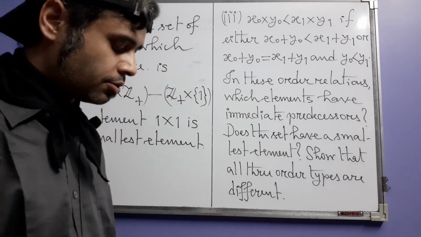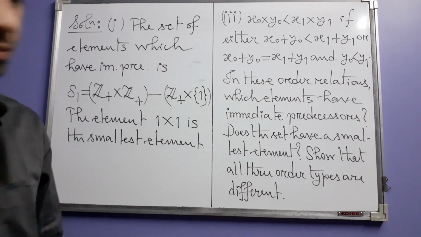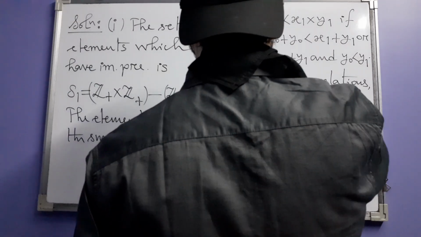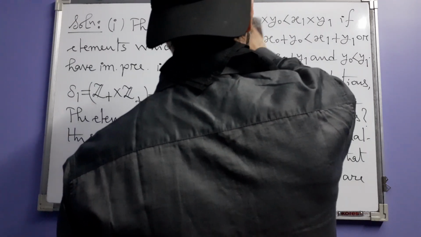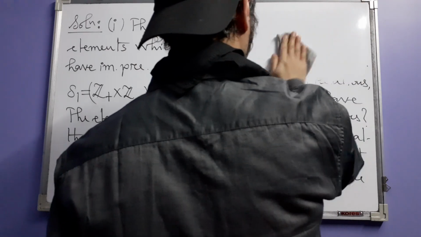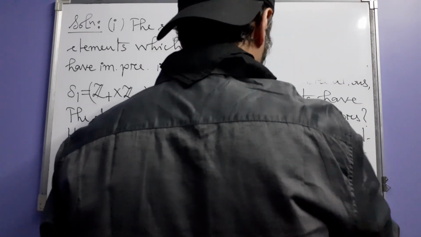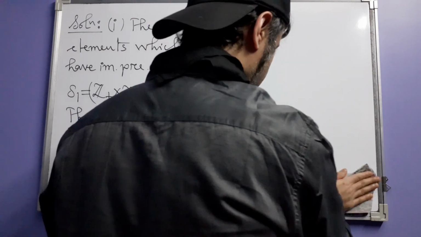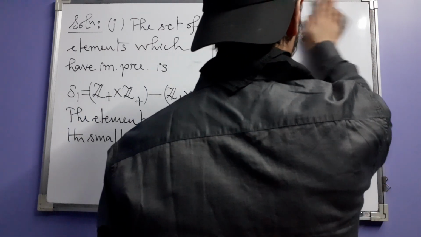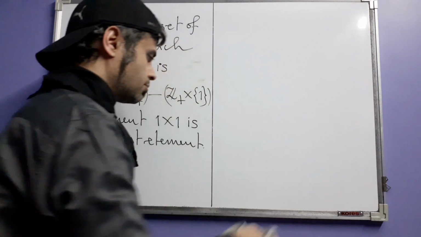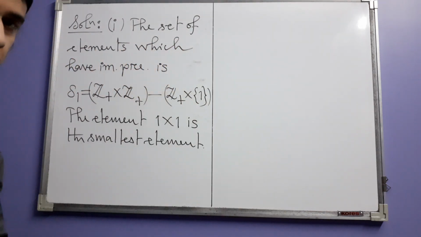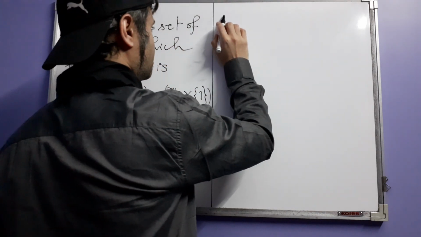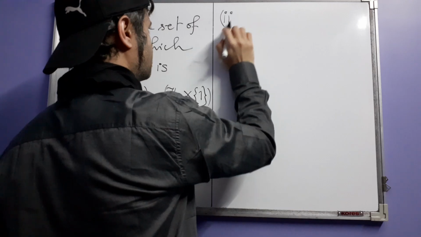Now next let's go to part 2. In part 2 the definition is a little more complicated. Here instead of simply talking about the coordinates, we have taken combinations of the coordinates. So let us first recall the definition and then we will again draw a diagram.